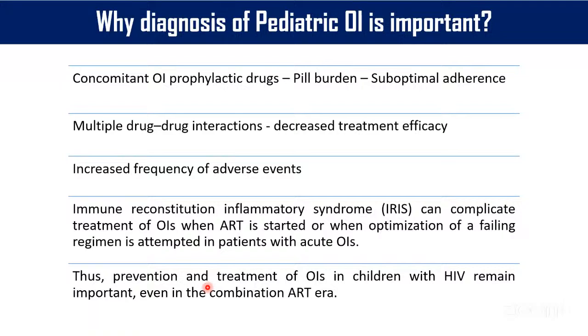And we all know IRIS can complicate treatment of OIs, especially when ART is started early or when optimization of a failing regimen is attempted early before you treat an acute OI. So considering all these things, prevention and treatment of OI in children with HIV remains an important component even in the era of combined ART, with universal availability of combined ART to everybody.